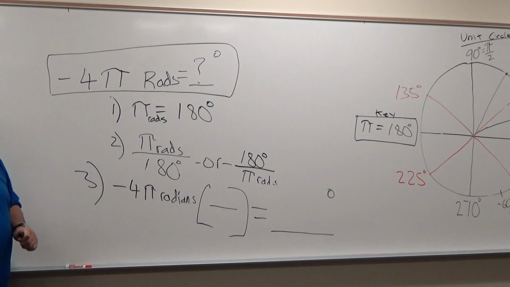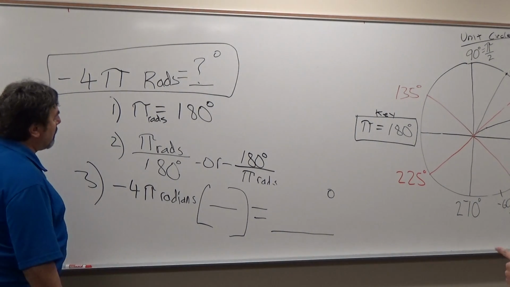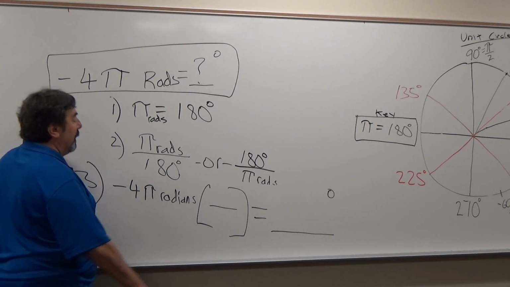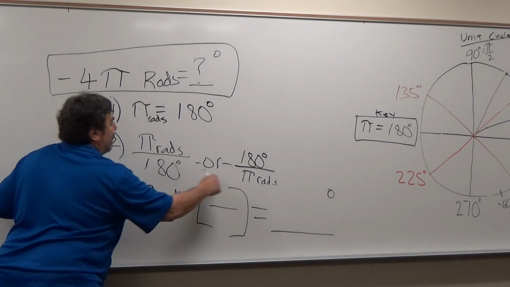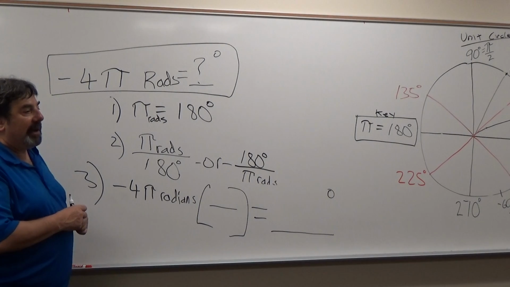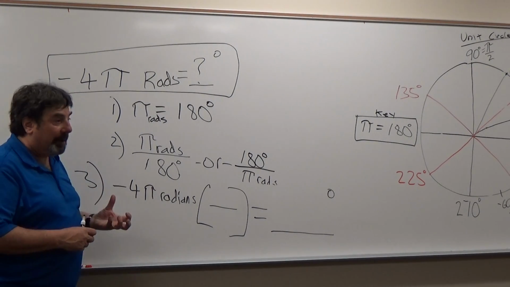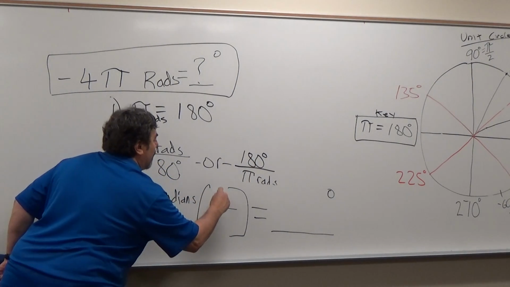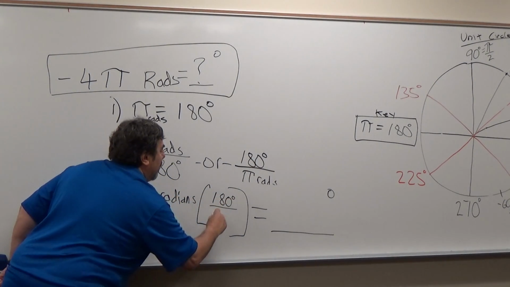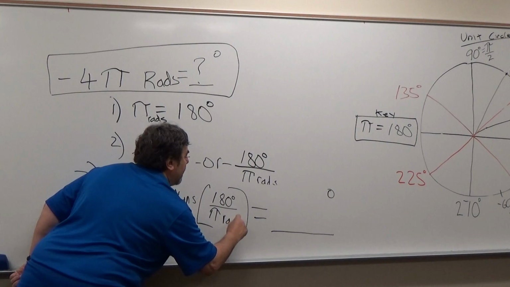The right one. Why? Because it has radians on the denominator. Very good. We're converting out of radians, so we need to pick the fraction that has the same units we're converting out of in its denominator. Good job. So that would be this fraction right here, 180 degrees per pi radians.